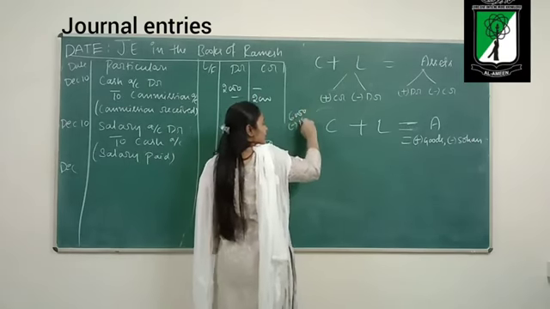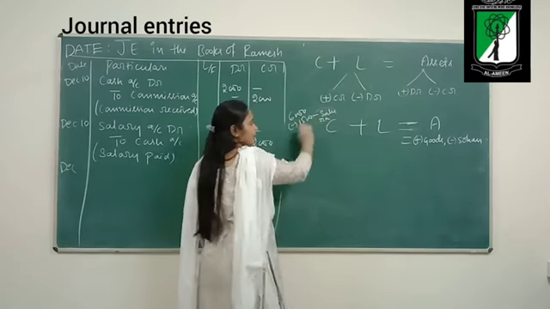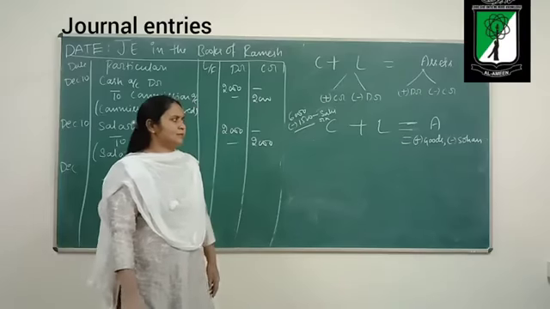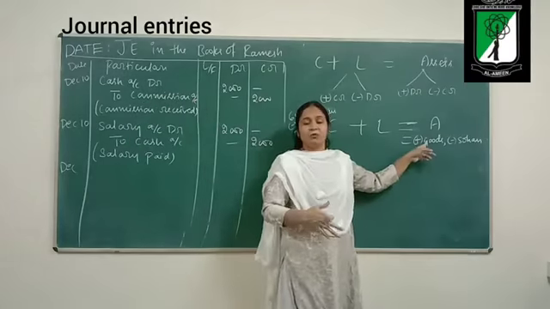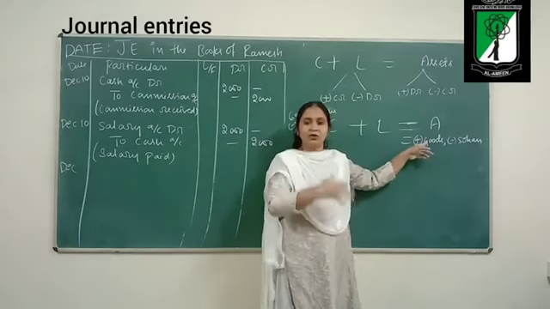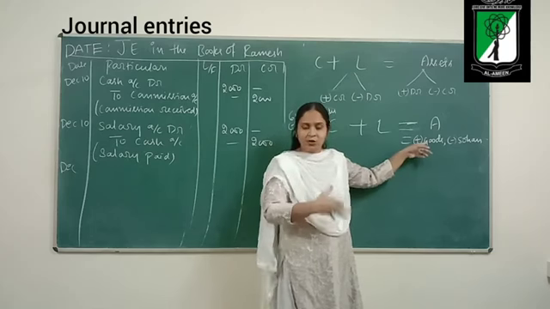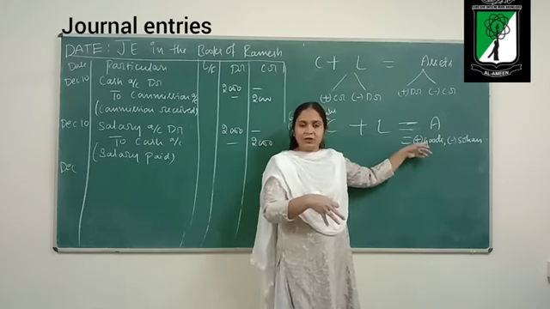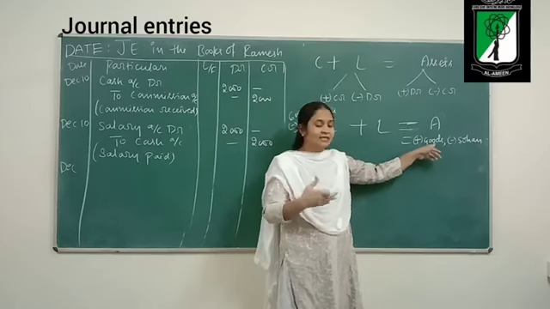Now, worth 1,500 goods he is returning, because there are some damages. So, think from the viewpoint of the business. What is happening to my business? He is returning goods. My goods balance is increasing. There is a sales return.